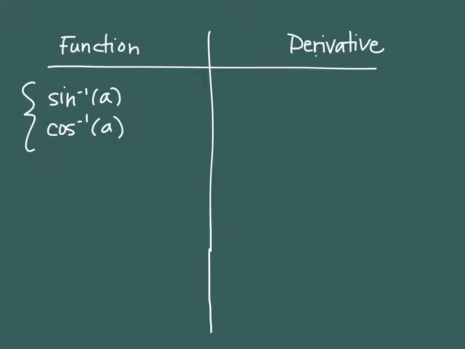Otherwise, their derivatives are the same. The derivative is plus or minus 1, positive if it's inverse sine, negative if it's inverse cosine, over the square root of 1 minus A squared, times dA dx for the chain rule.